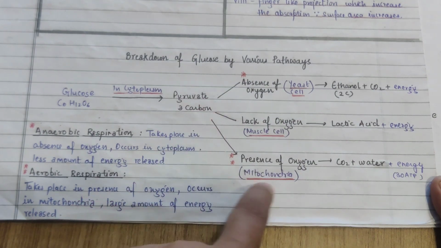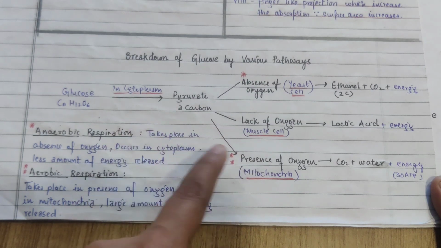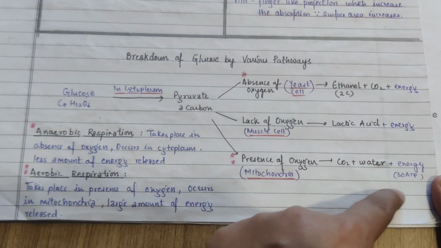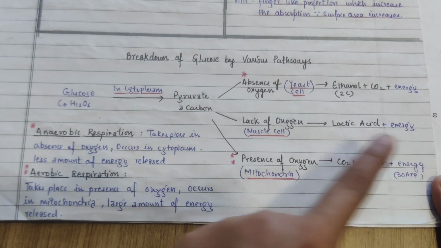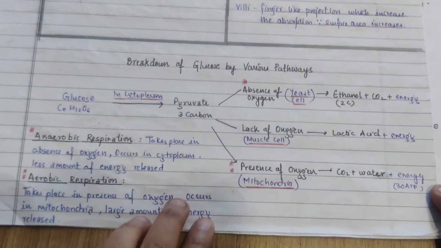It is the simple respiration we are doing, where we inhale oxygen, and in the presence of oxygen food is broken down into carbon dioxide, water and energy, a very large amount of energy, 30 ATP. This is known as aerobic respiration: it takes place in the presence of oxygen, occurs in the mitochondria, and a large amount of energy is released.